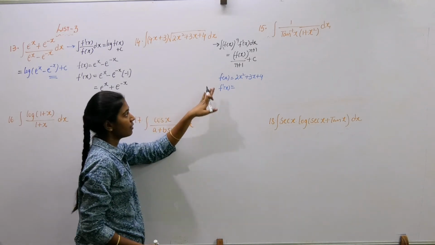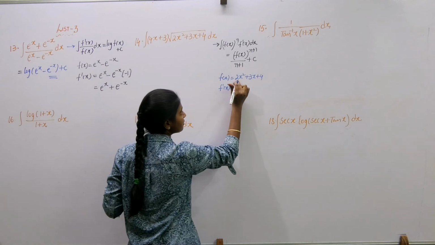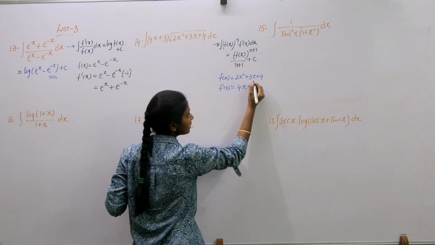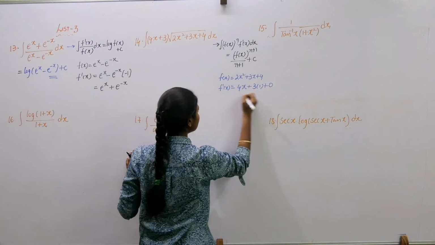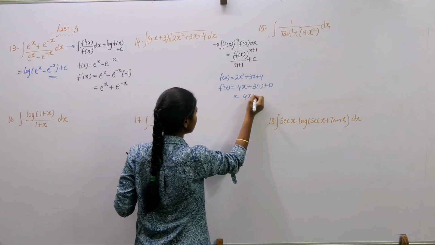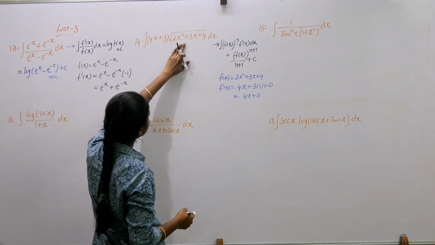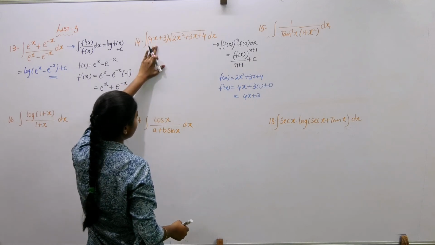Then d by dx of f of x, that is f dash of x, is equal to d by dx of 2x square, it becomes 4x, plus d by dx of 3x, 3 into 1, d by dx of constant 0. We get 4x plus 3. We have it here, f of x whole power n into f dash of x dx.